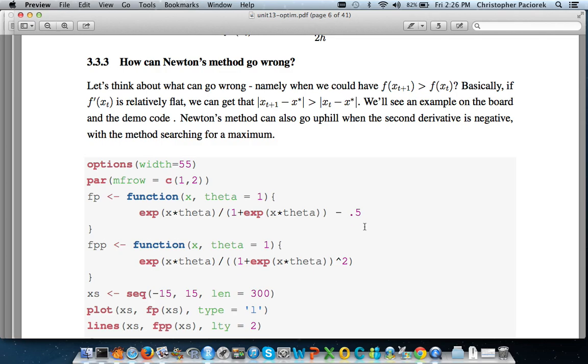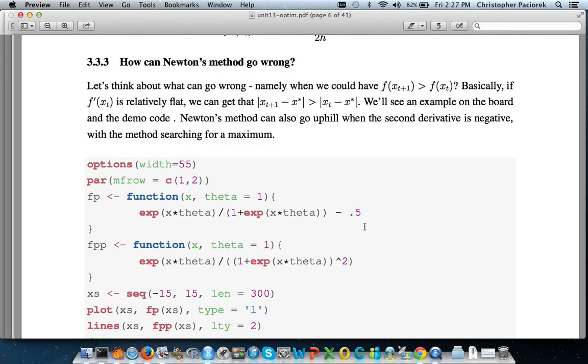All right, so can someone suggest one scenario of what these curves would look like when things don't work? Do you have a thought here? So I'm looking at this equation. So xt greater than xt minus 1, the f prime divided by f double prime should be smaller than 0.